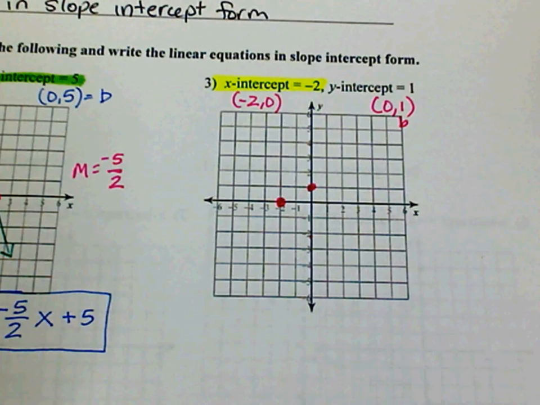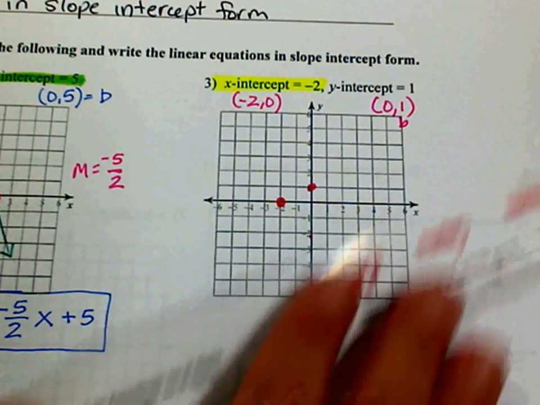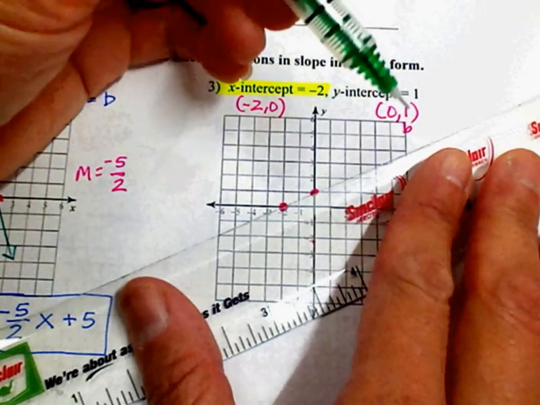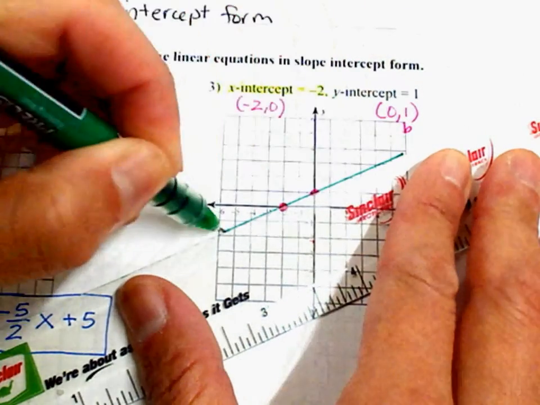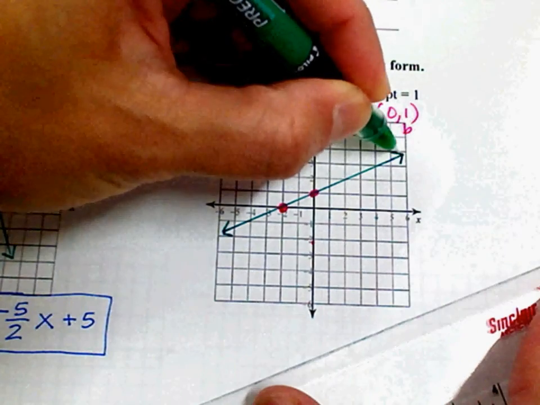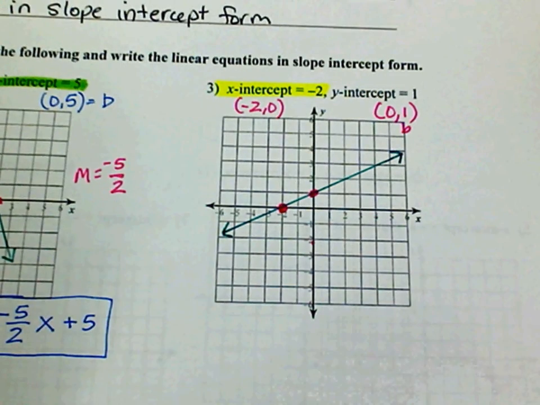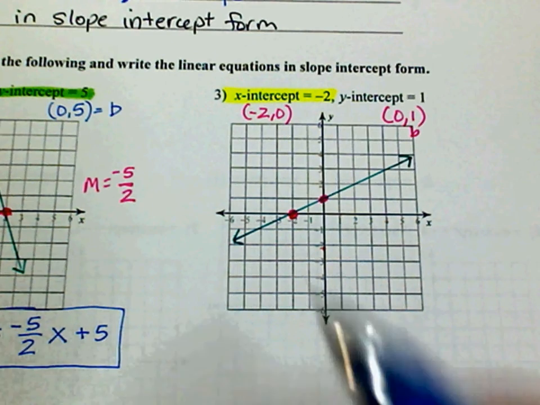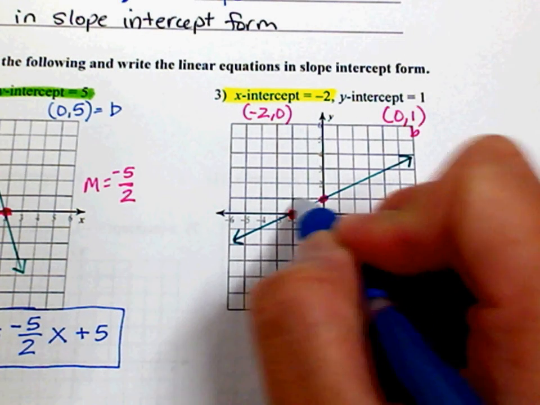All right. Grab your ruler. Draw your line. Just like that. Okay? What is your slope? To go from here to here, what did you do? You go up or down?